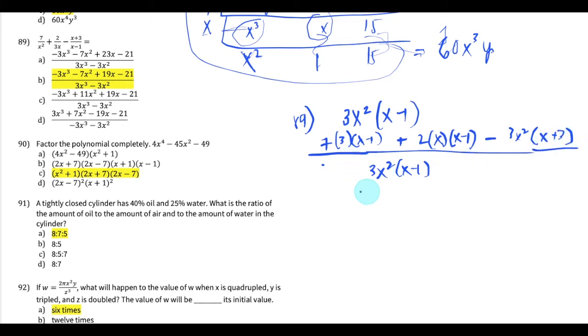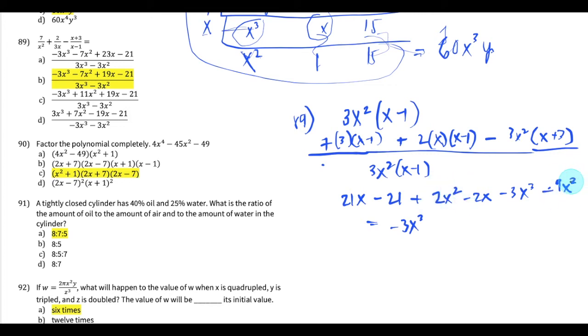Let's simplify this. We have 21x minus 21 plus 2x squared minus 2x minus 3x cubed minus 9x squared. Simplify muna natin. Negative 3x cubed. Okay, we have positive 2x squared, negative 9x squared.